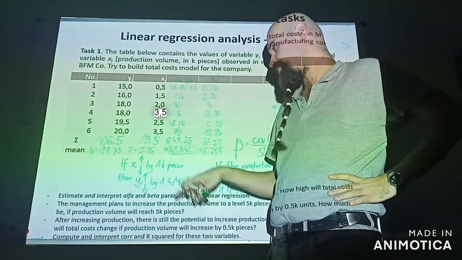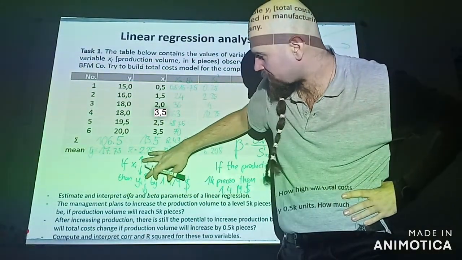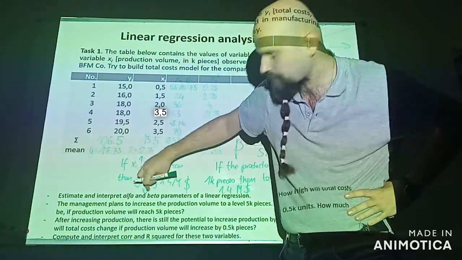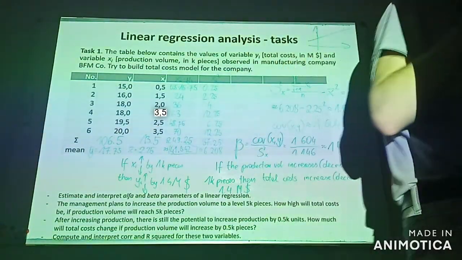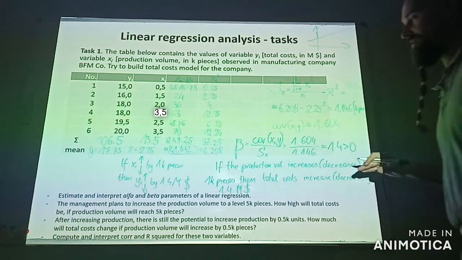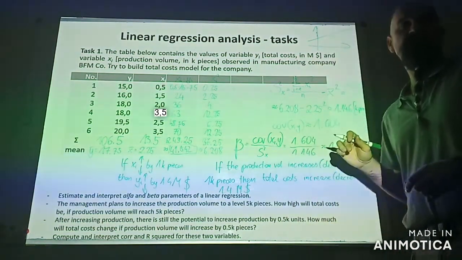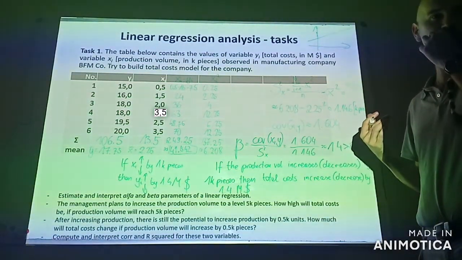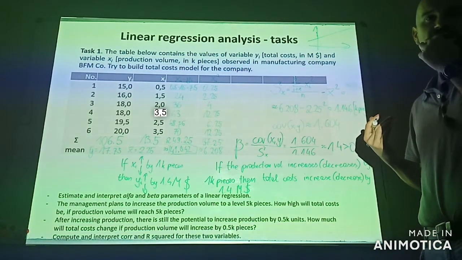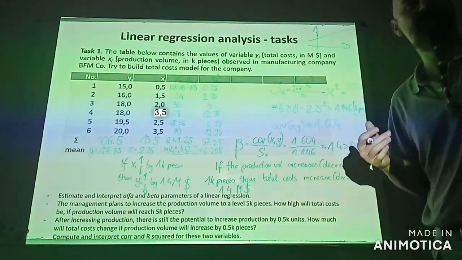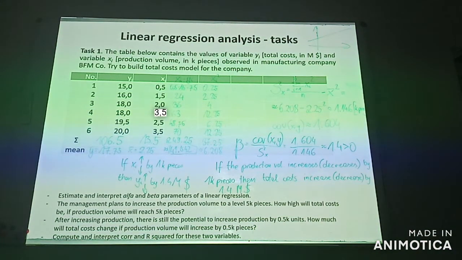Increases, increases, decreases, decreases. Remember that if we have beta parameter positive, it has sense, of course, because if I increase the production value, I must pay higher total costs. Yeah.